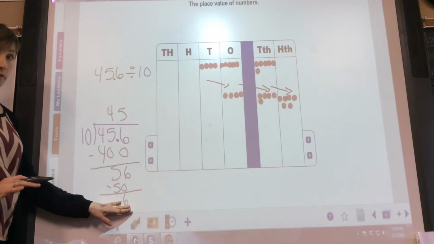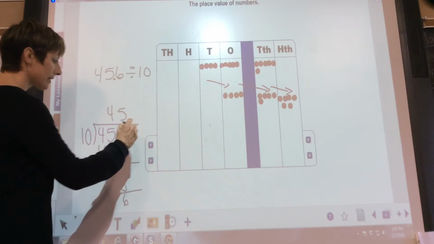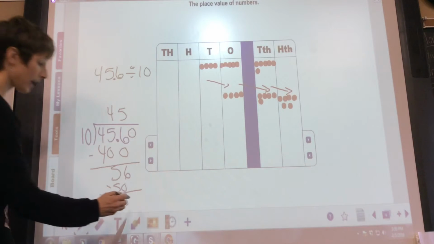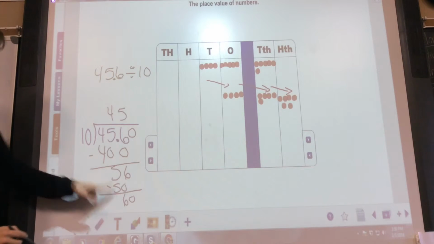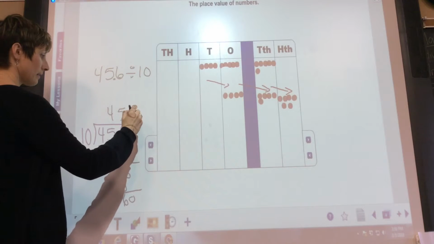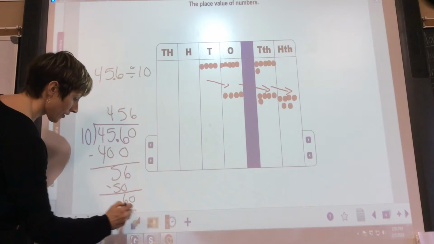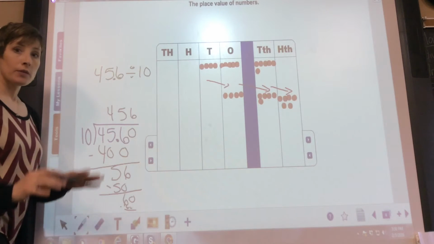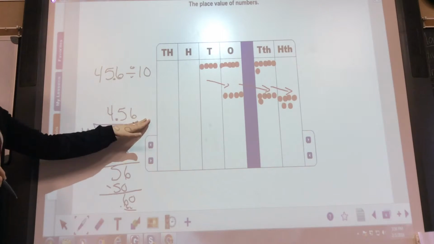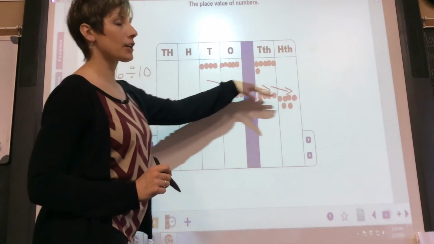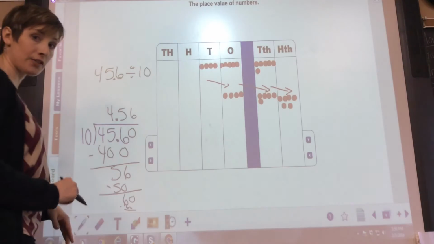Remember, we're not dealing with remainders now because you can always add a 0 after. It doesn't change the value. So 60 divided by 10 is 6. Subtract, 0. Don't forget your decimal. Throw your decimal up here. 45 and 6/10 divided by 10 is 4 and 56 hundredths. We just slid everything over one place on the place value chart.